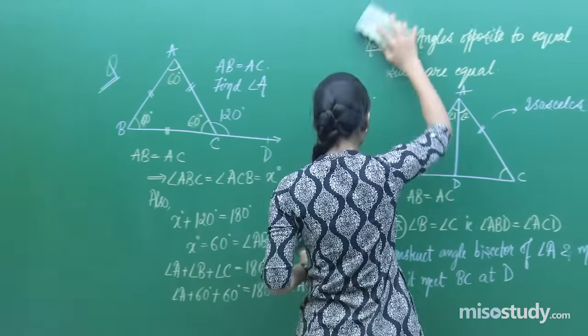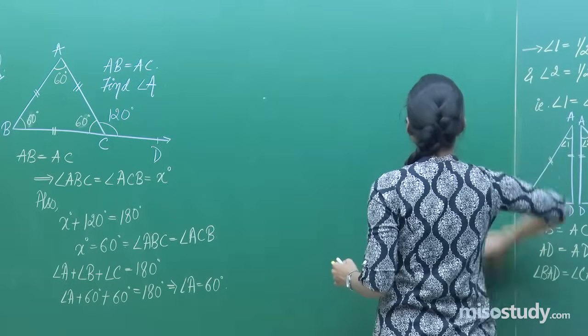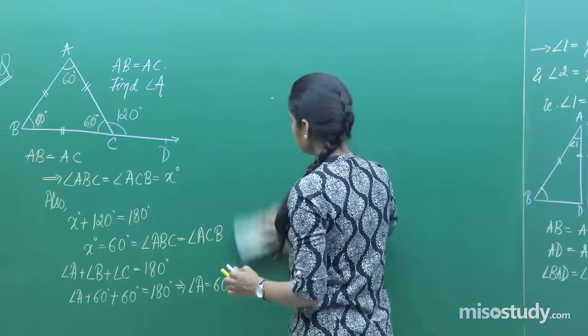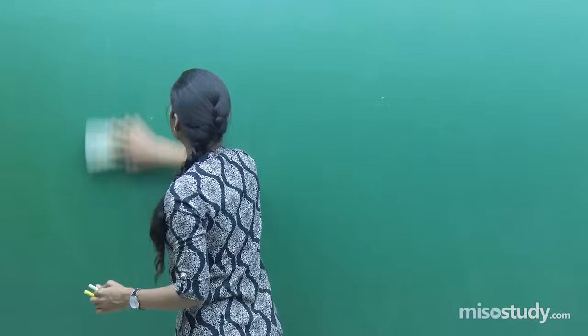After the SAS congruence rule comes the next congruence rule. Now see, every time it doesn't happen that you get two sides of one triangle equal to two sides of the other triangle and the included angle between them also equal. All the time this ideal situation does not occur.